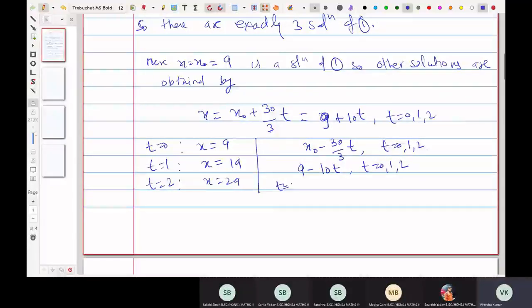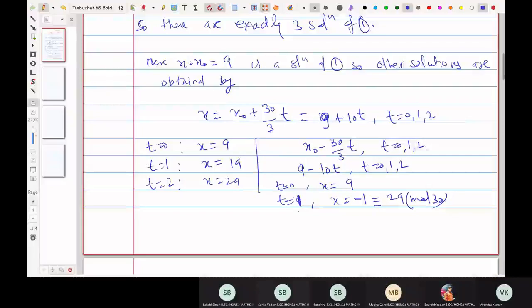So for t equals 0, you will be getting x equals 9, and for t equals 1, x equals 9 minus 10, which is nothing but negative 1, and negative 1 is congruent to 29 modulo 30.